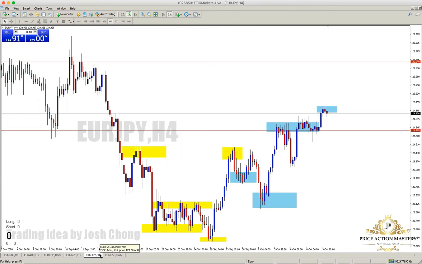The next will be Euro JPY. Okay, Euro JPY is in a trend line, and I already drew all these blue boxes. We can see that the market is going to retrace to this level, then it will be a better buy for everyone.